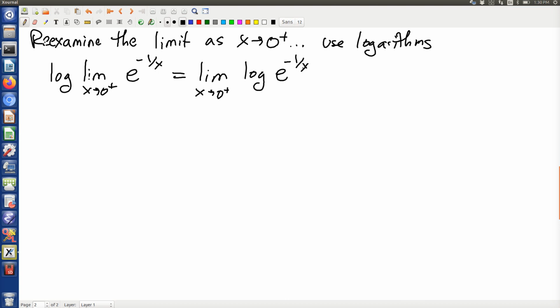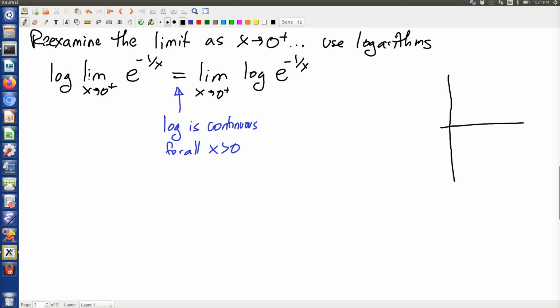Well, the reason is because log is continuous for all x greater than 0. All right, and by studying what the limit of the logarithm is versus the log of the limit, we can kind of reverse engineer what's happening based on the fact that we know what the logarithm does.